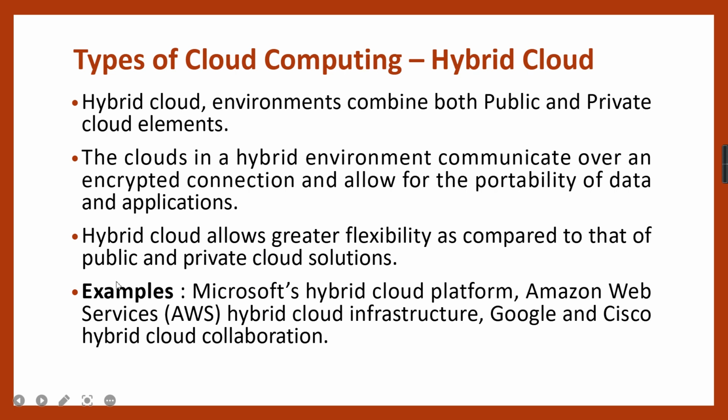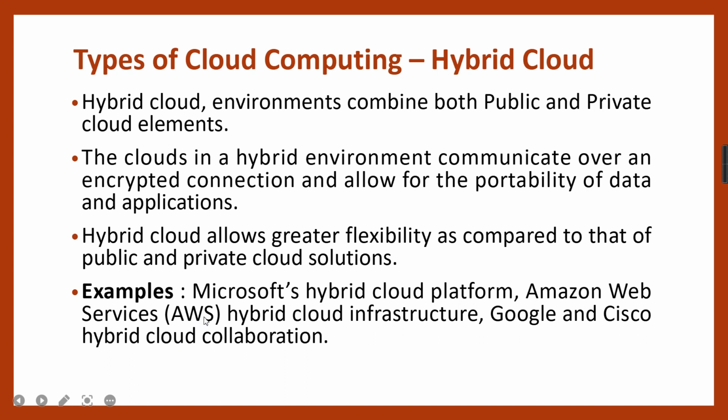Now next we have examples. Hybrid cloud solutions are provided by Microsoft Hybrid Cloud Platform. Amazon Web Services also has hybrid cloud infrastructure, and Google and Cisco offer hybrid cloud collaboration. So Google and Cisco are providing such hybrid cloud storage services in collaboration.